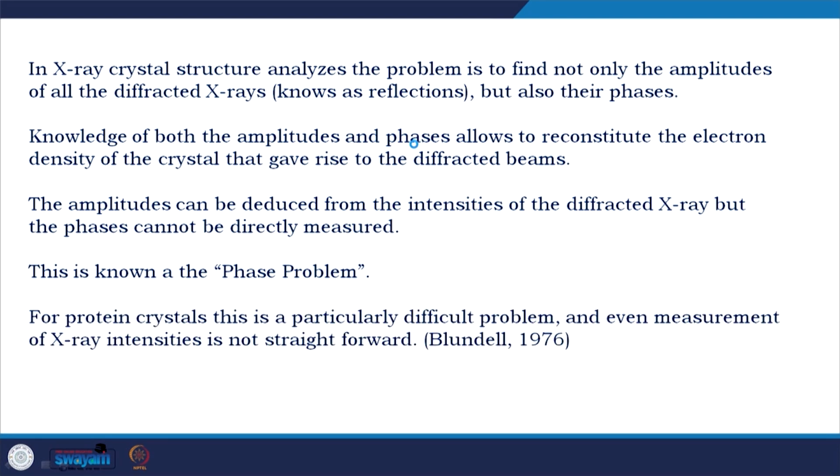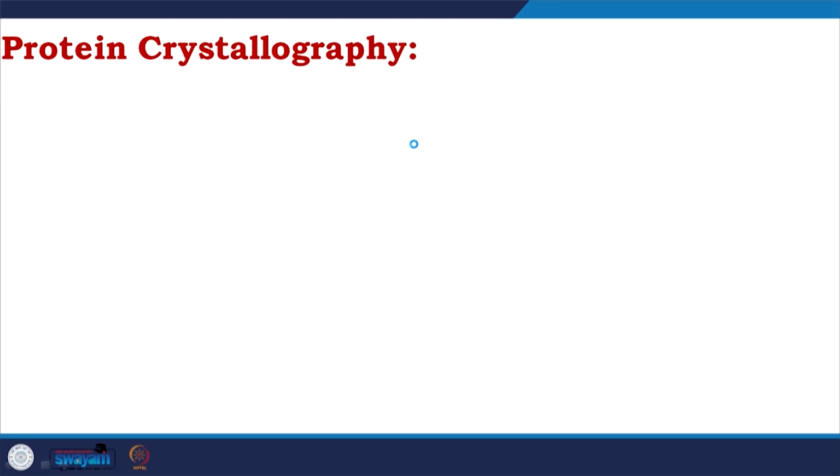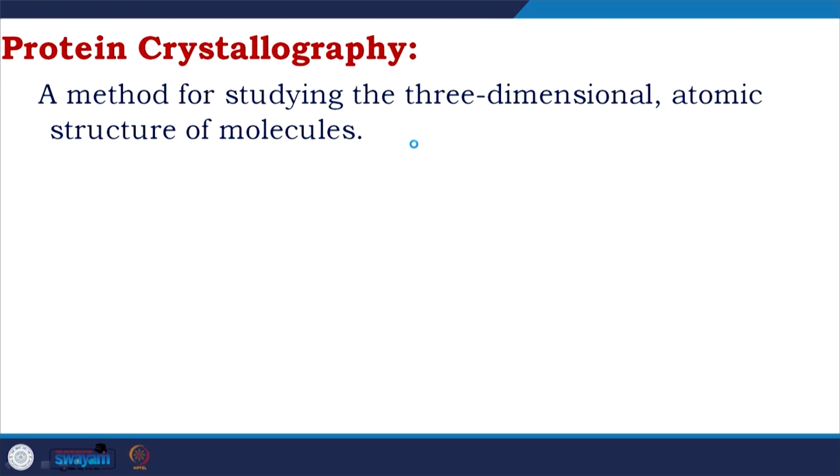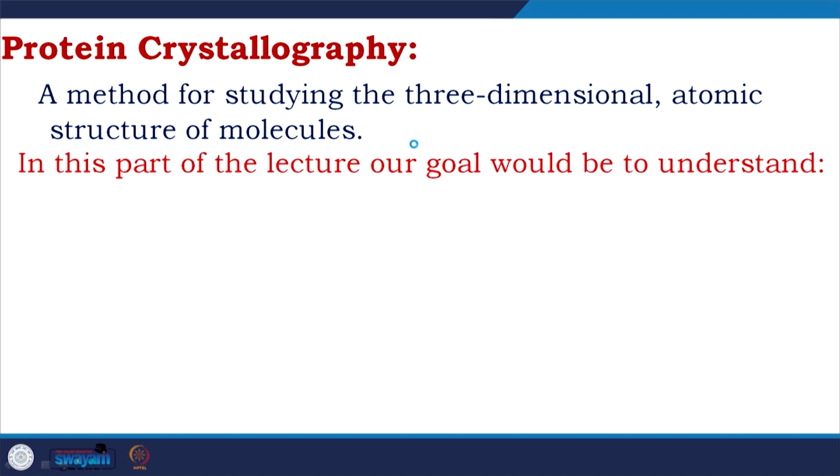For protein crystals, this is a particularly difficult problem, and even measurement of X-ray intensities is not straightforward. So, in summary, protein crystallography is a method for studying the three-dimensional atomic structure of molecules.